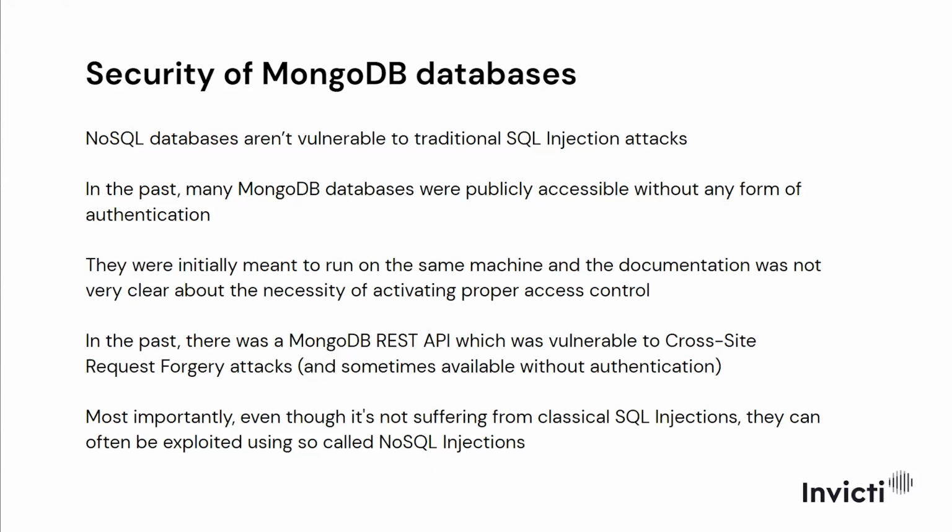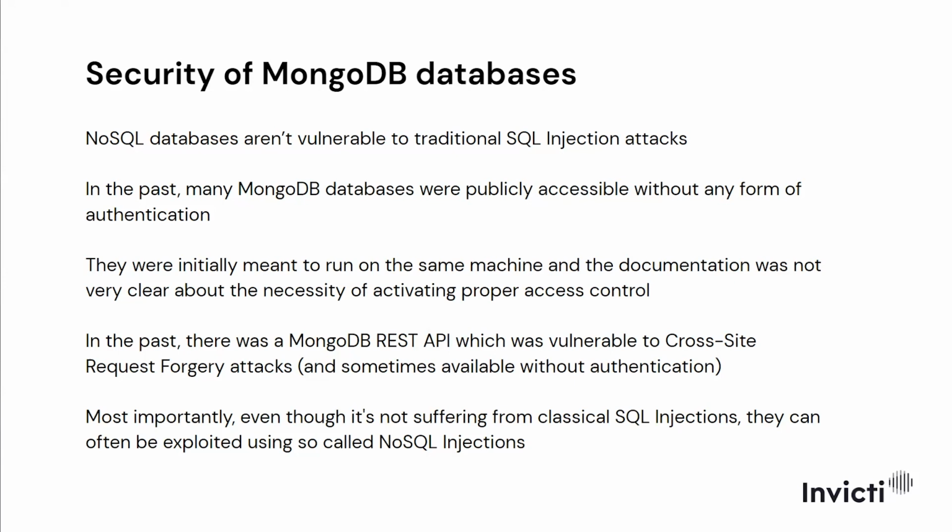There was no authentication, and the reason was that initially these databases were on the same machine as the application, and the documentation wasn't very clear about the necessity of activating proper access control, which contributed to a lot of misconfigurations and big data leaks.